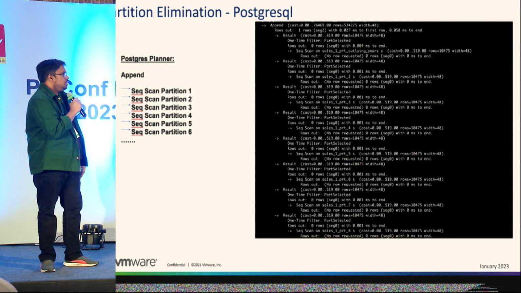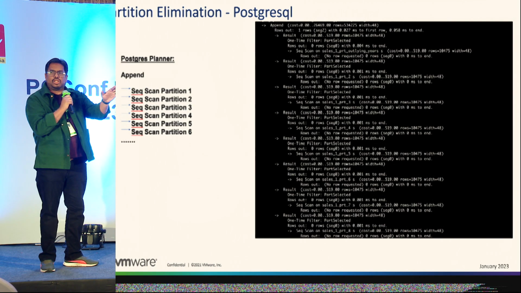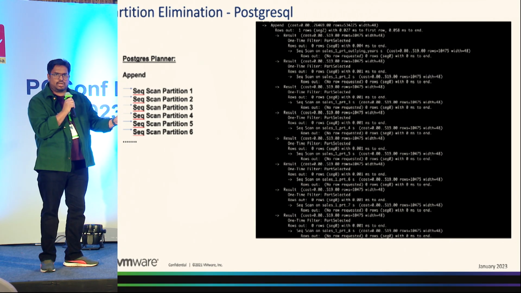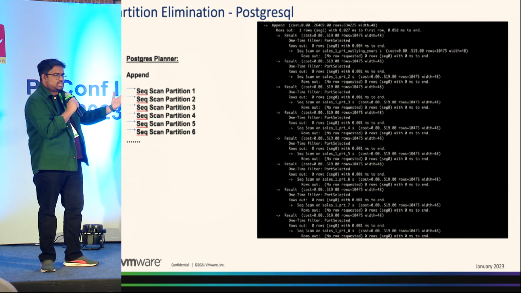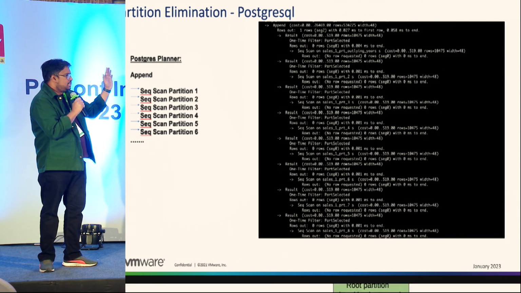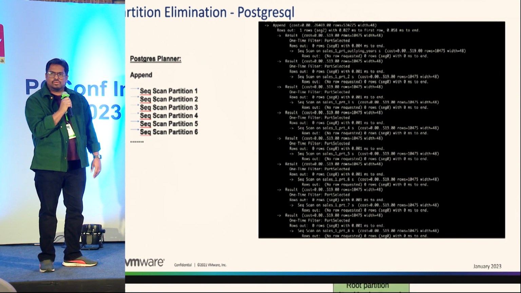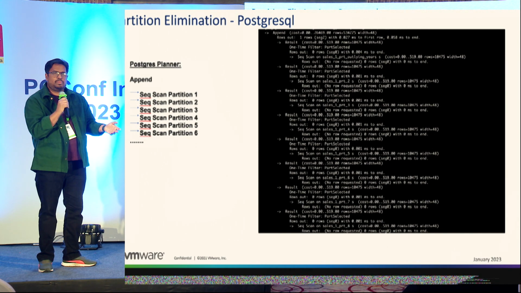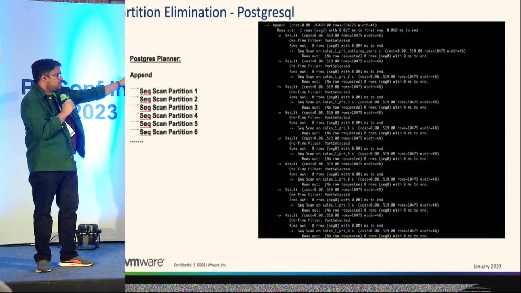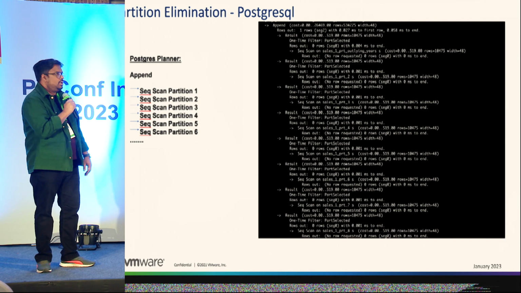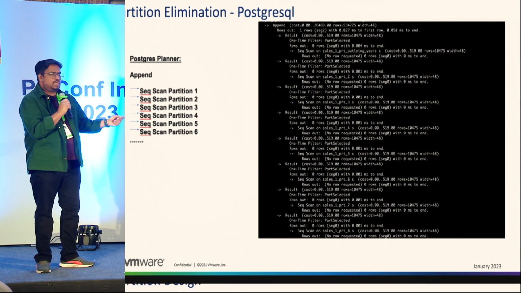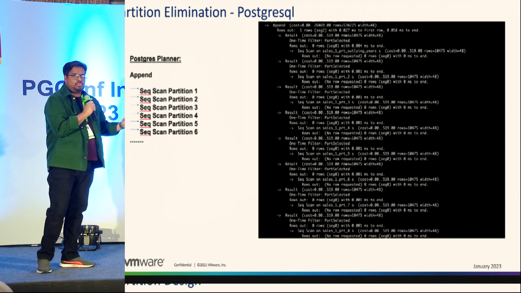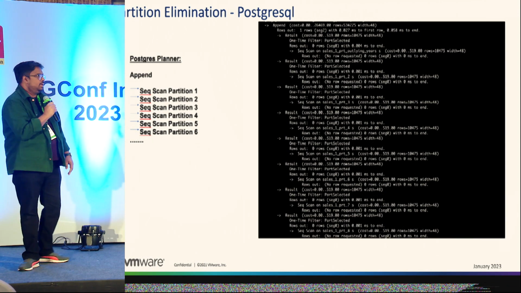If you have a query on the table without any predicates, it will end up scanning all the partitions and display it out. When you explain the SQL, you will see all the partitions listed out in a format that is good in a way, because if you are a DBA or a developer and you want to see which partitions were selected in your query, this is a good way to check it out. And that's how Postgres has been doing it for a while, right?